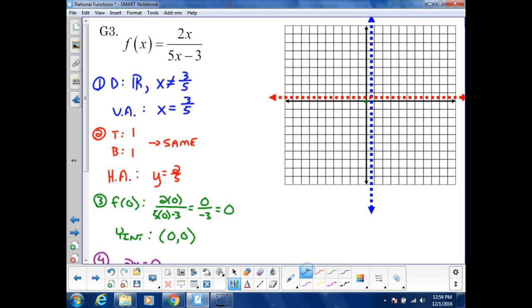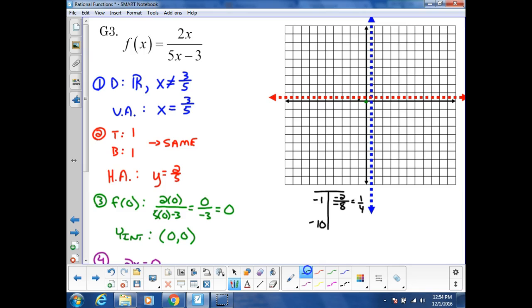I got 1 on this side already, so then let's go with negative 1 and negative 10. If I put negative 1 in there, I get negative 2 over negative 8, which is positive 1/4. So I'm up a little bit.